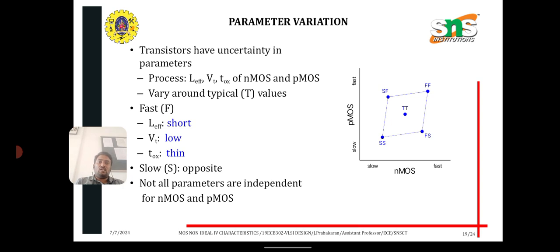Next one is parameter variation. In MOSFETs it refers to the deviation in device parameters from their nominal values due to manufacturing process variation, environmental factors and aging factors. These variations can impact the performance, reliability and yield of integrated circuits.